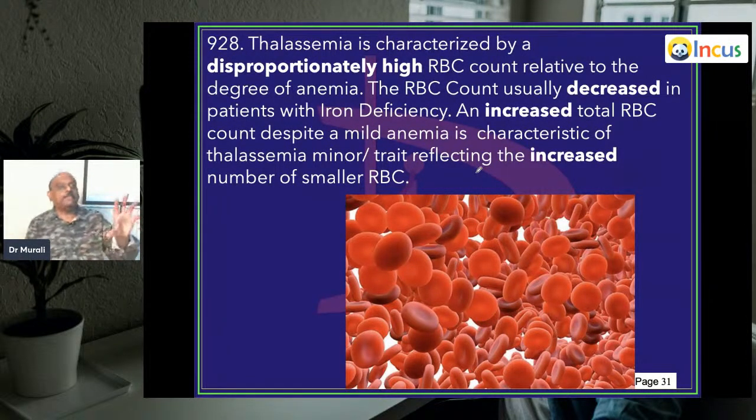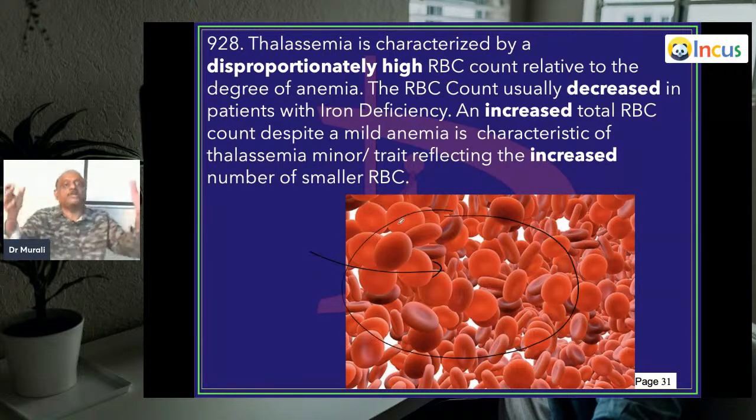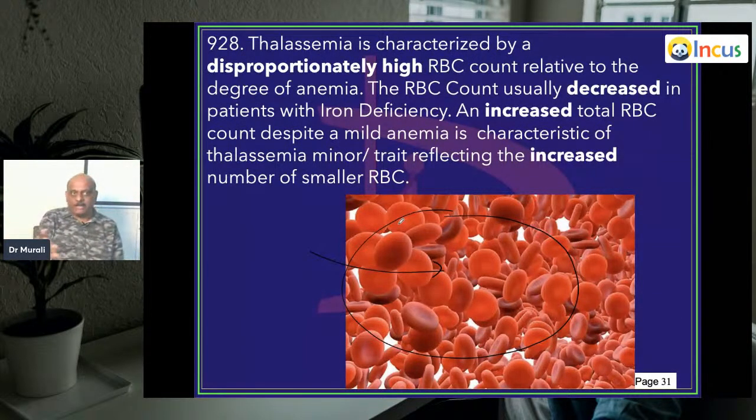Then what do you see in thalassemia? In thalassemia, RBC count becomes disproportionately high. So a patient came with a complete blood picture report, you found anemia, but the RBC count is significantly high. Then you should think about thalassemia.